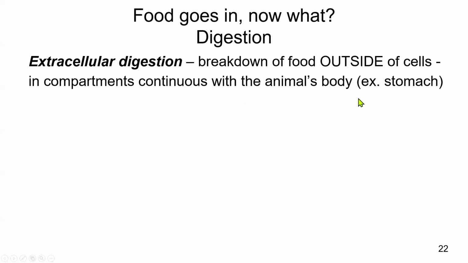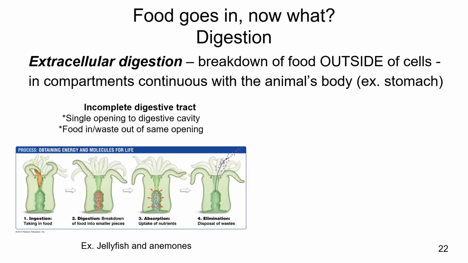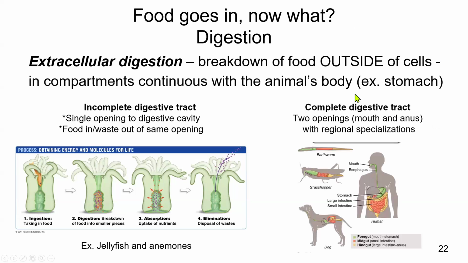That breakdown is happening outside of the cells. And you can have this broken down into two types of extracellular digestion. You can have extracellular digestion in what's called an incomplete digestive tract, or you can have it in a complete digestive tract. The main distinction between an incomplete versus complete digestive tract is whether it has one hole or two holes.